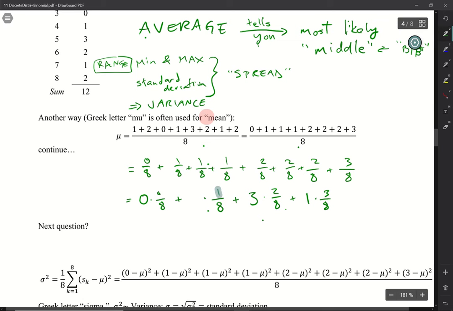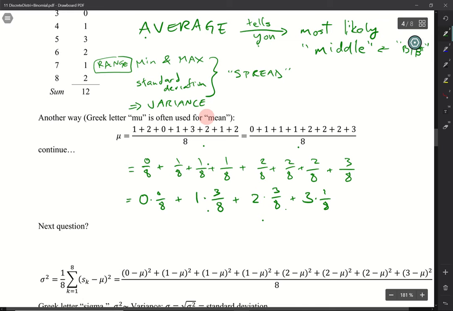This should be 1, and this should be 3, and this should be 2, and this should be 3. Oh yeah, sorry, I got mixed up. And this should be 3, and this should be 1. We have to divide it a little bit differently.